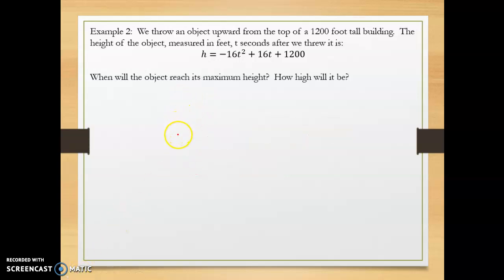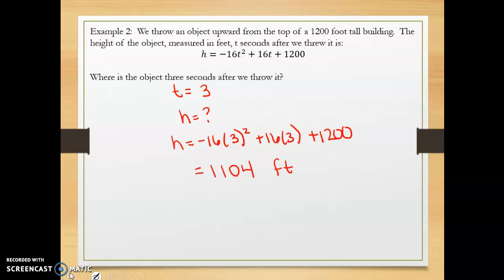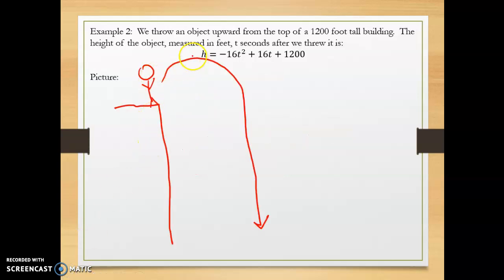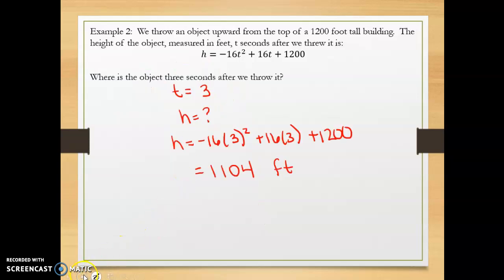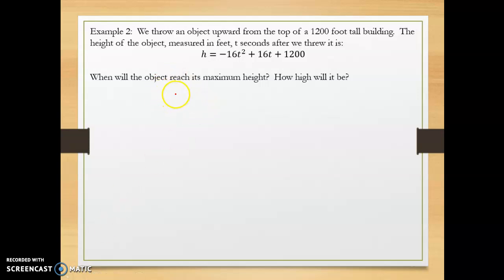When will it reach its maximum height, and how high will it be? So if we go back to our picture, our maximum height is right here at the very top of the parabola. And what is that called? That is called the vertex. So how do we find the vertex?